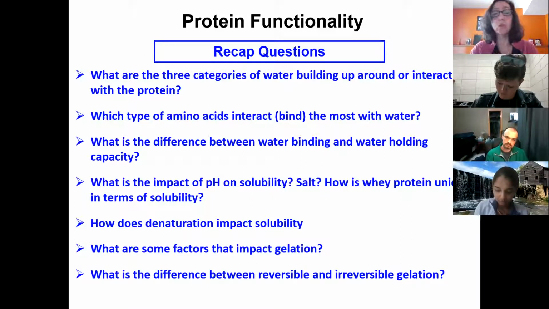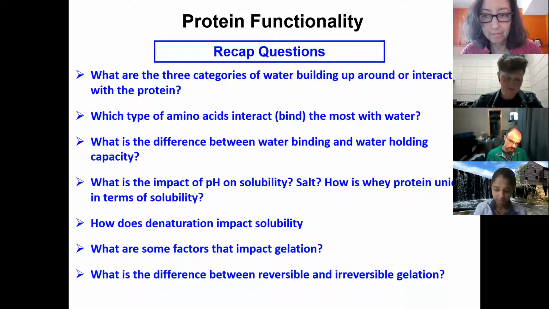Yes. Is the protein more soluble at alkaline pH, at high alkalinity, or at low pH? Does anybody remember? Alkaline pH because of tyrosine. The tyrosine, the amino acid that has an extra OH, I think.